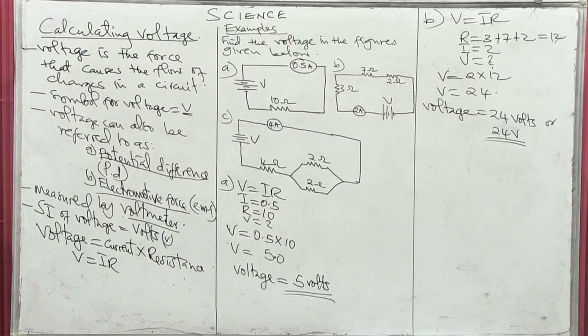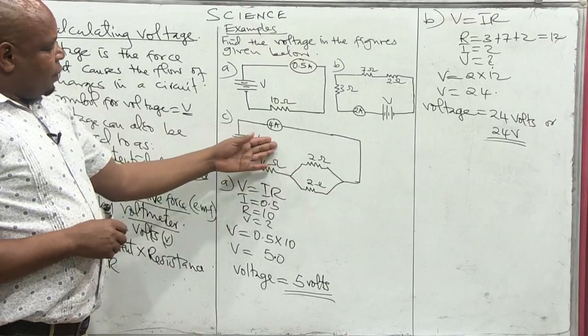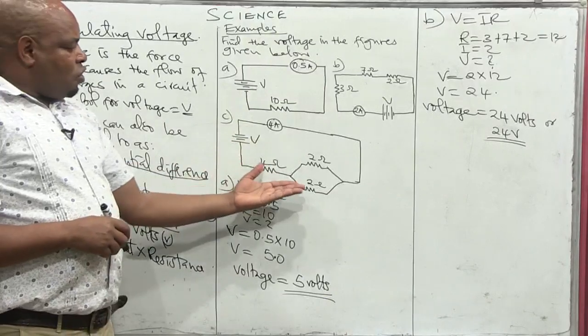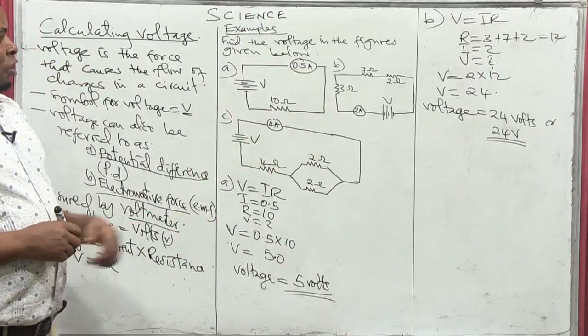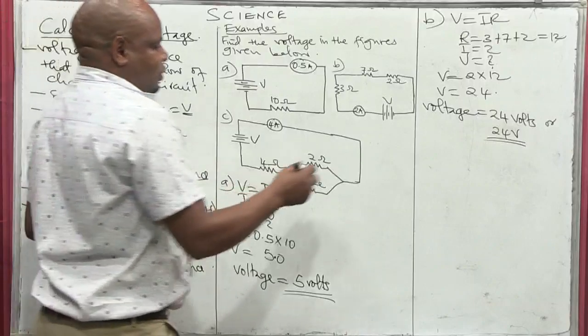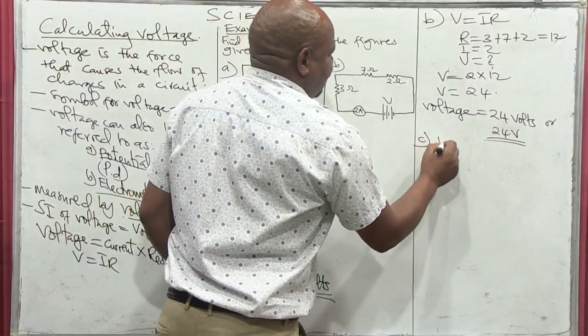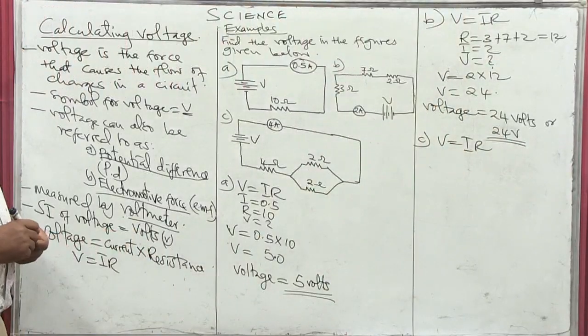Our last question is this one here, where you have been given a combination of series and parallel resistances. You have been given current is 4. You have not been given voltage. V is equal to IR. Exactly.